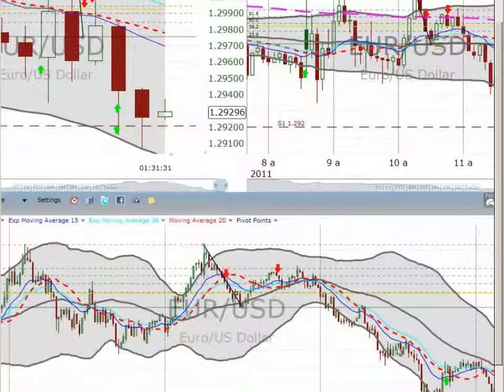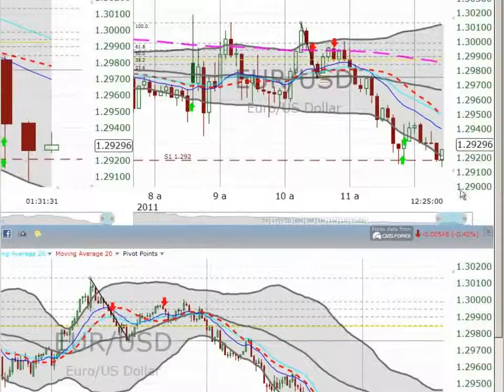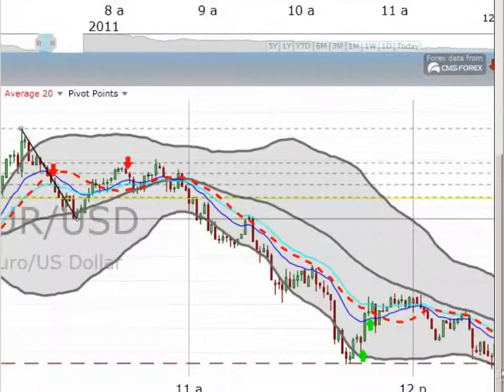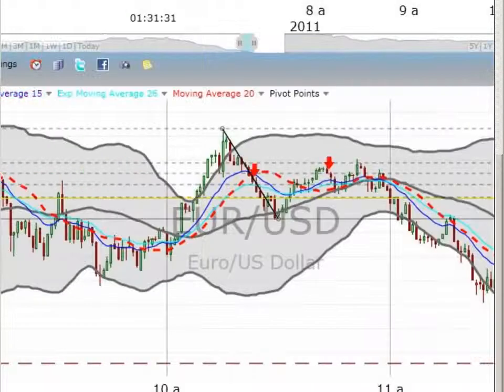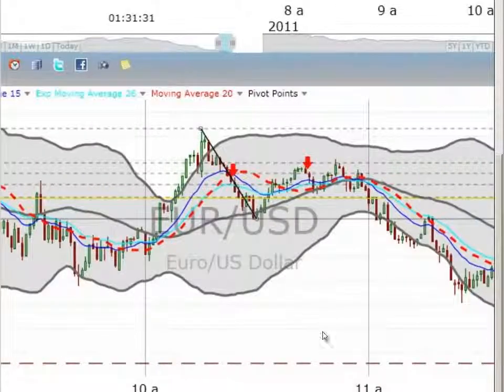This is Euro USD on January 7th, 2011. So there's a downtrend.